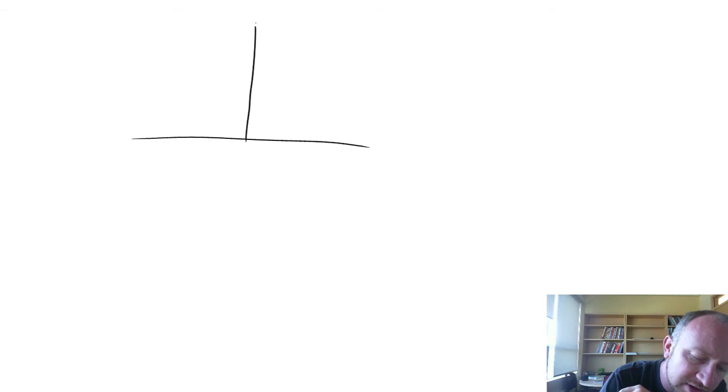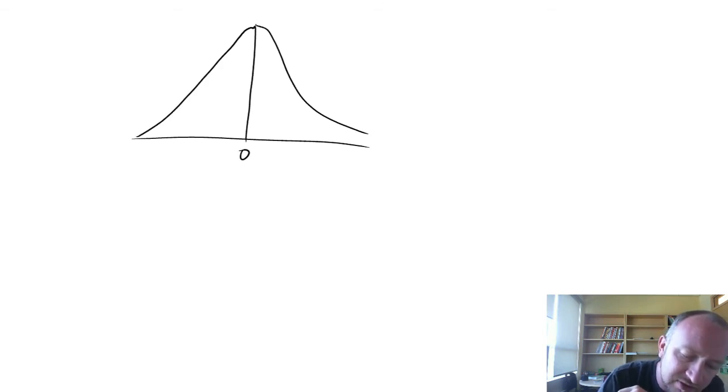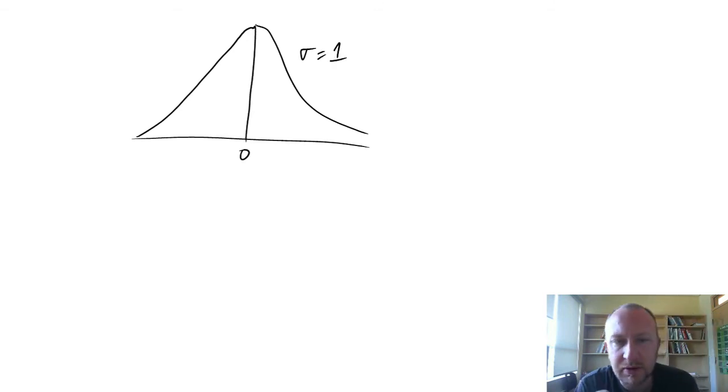Now I'm just going to scroll down here and let's give a very brief discussion on what it means to estimate an interval. So if we start with the standard normal distribution, we know it looks something like this, has a mean of 0, and it has a standard deviation equal to 1.